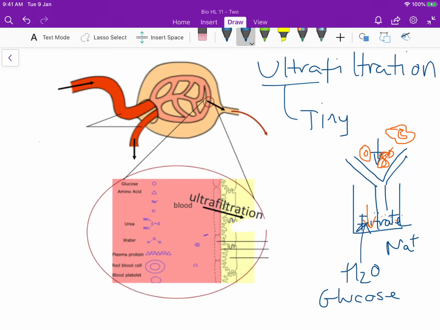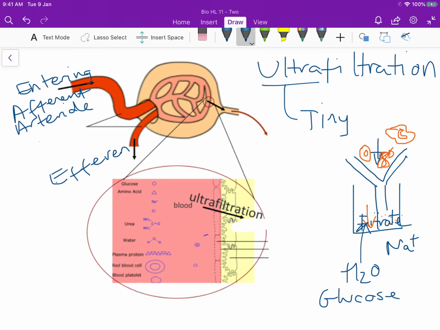Okay, so let's try and follow through then. We have over here blood entering, and it's entering through the afferent arteriole, and it's exiting through the efferent.